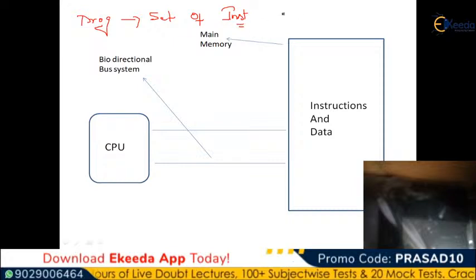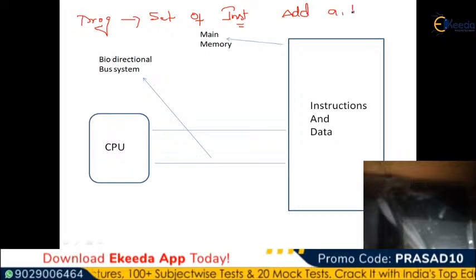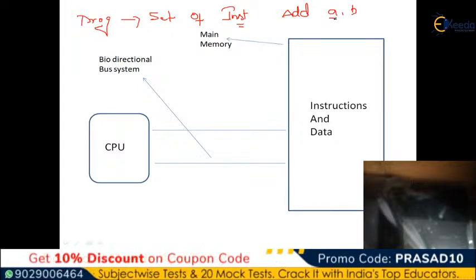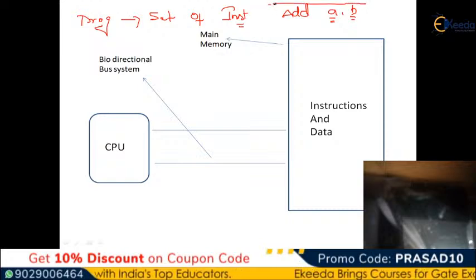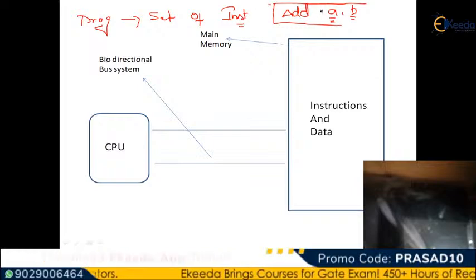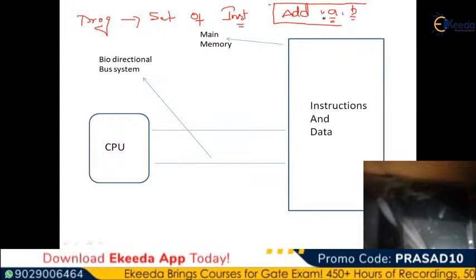For example, there is an instruction ADD A, B, which means that A is a variable that needs to be added to B. This instruction has two data elements: one is A and one more is B.